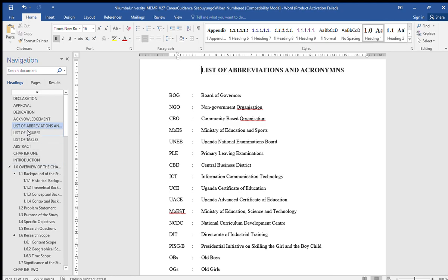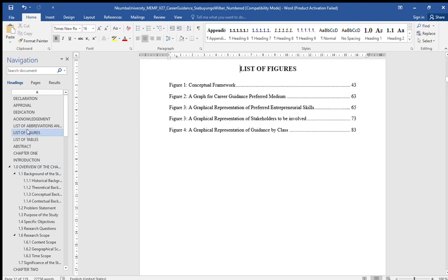Then after that, in case you have tables or figures, you can also have what we call a list of figures. For example, here you see that there is a figure called conceptual framework, figure 1.